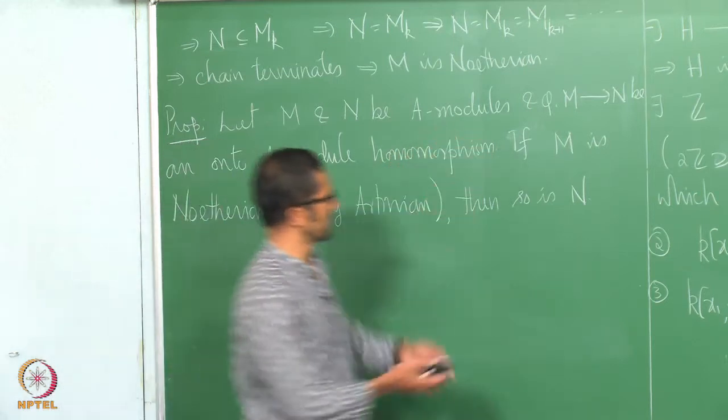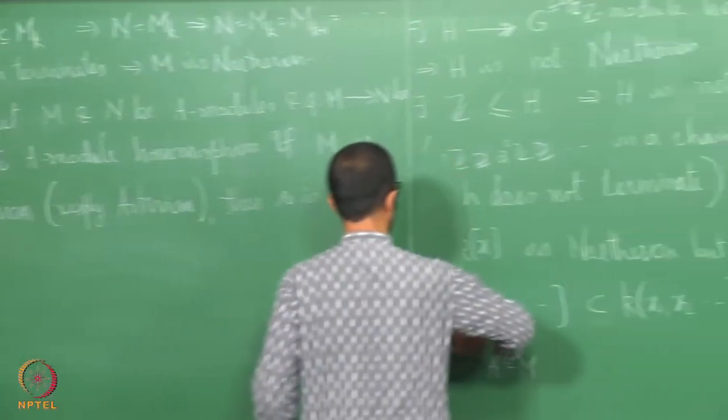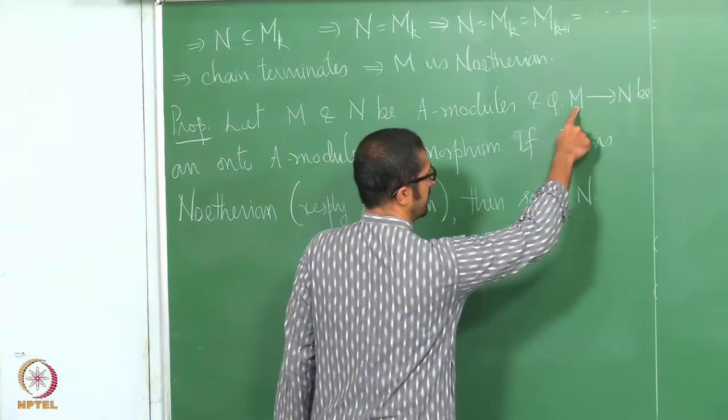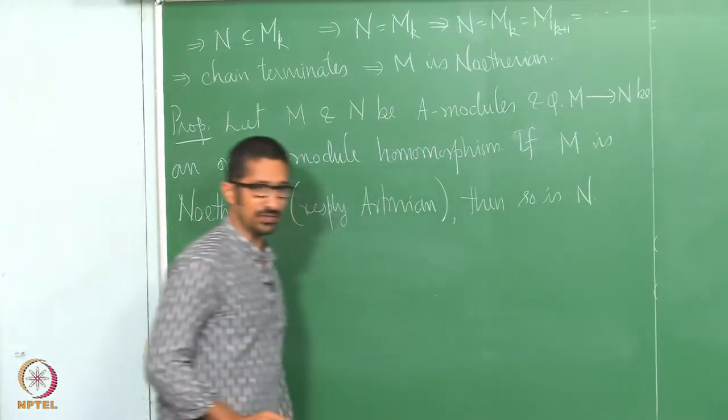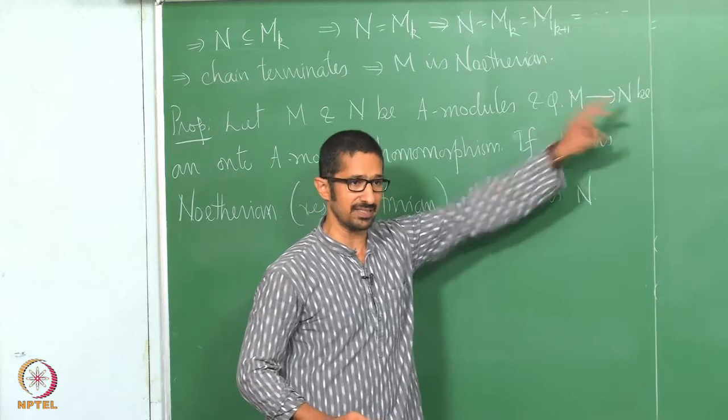This follows directly from the surjectivity property. If this is Noetherian, then this is Noetherian; if this is Artinian, this is Artinian.